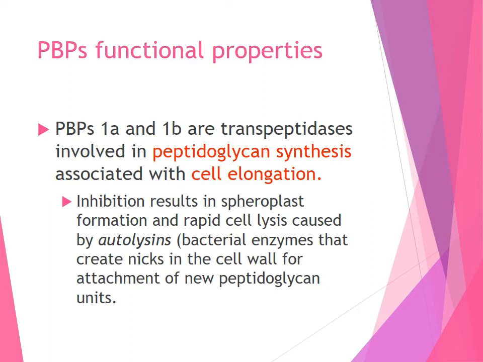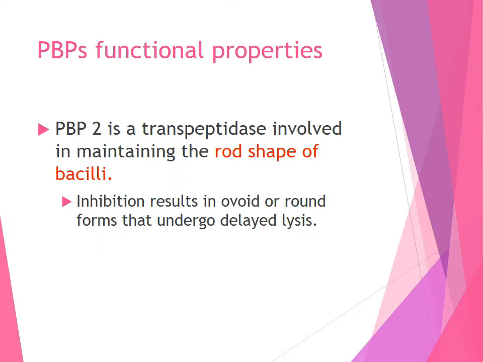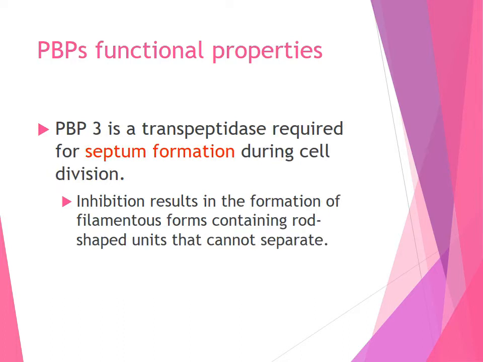Next, we have your penicillin binding proteins functional properties. So, meron tayong 1A and 1B. Yung 1A and 1B, these are your penicillin binding proteins involved in peptidoglycan synthesis associated with cell elongation. Your 2, your penicillin binding protein maintains the rod shape of our bacilli. 3, this is required for septum formation during cell division.